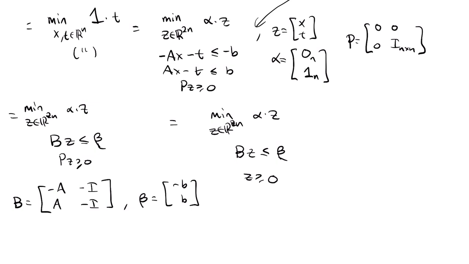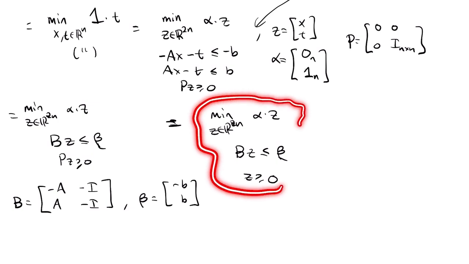But remember that alpha, the objective function, is not affected at all by x, the first n components of z. So we can throw in any constraints we want. It doesn't change the objective function at all. So these two optimization problems are equal. And that shows it. This is the canonical linear program form.